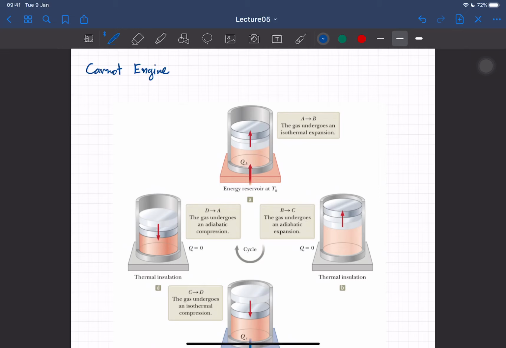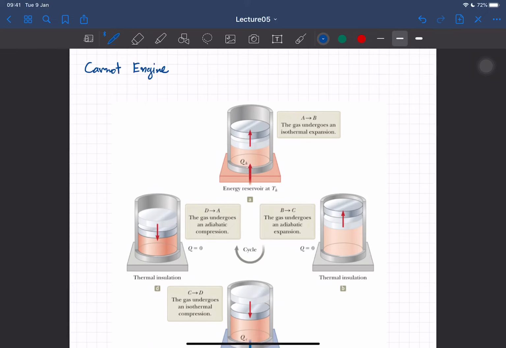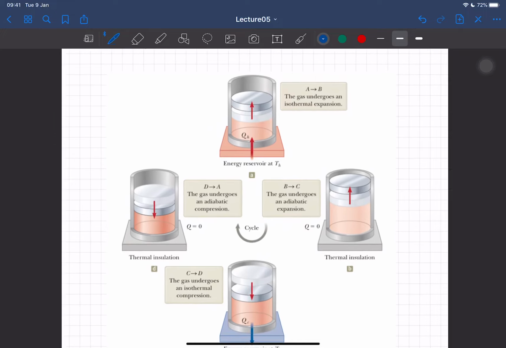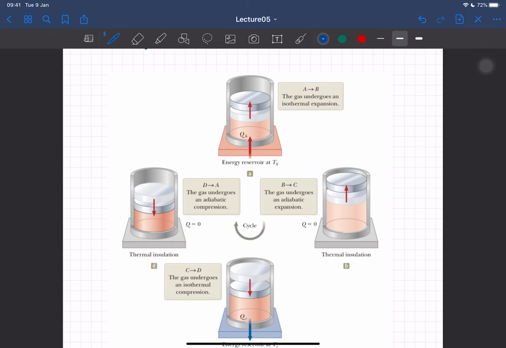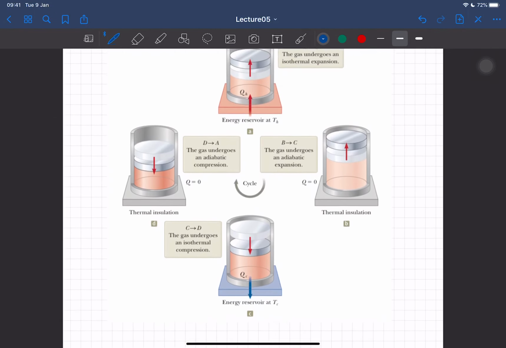Okay, because people were interested in how to build a very efficient steam power train. So it should not be a surprise to you that people have been interested in this for many years already.